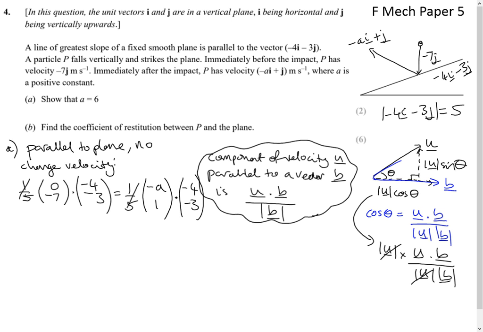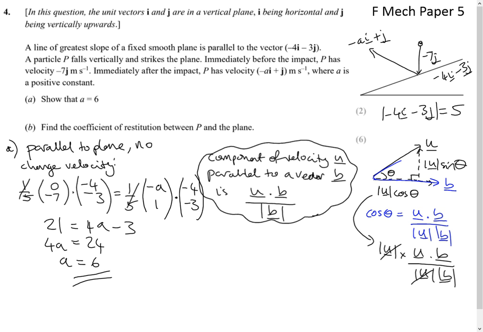As we can then see, the fifths are going to cancel, so that's going to be 21 is 4a - 3, so 4a is going to be 24, so a equals 6, which is what they wanted us to show.